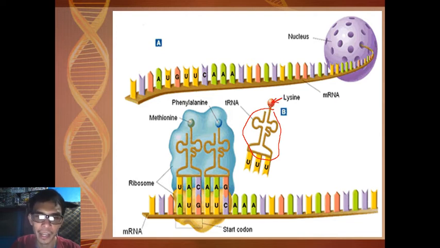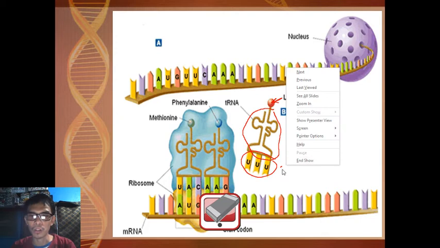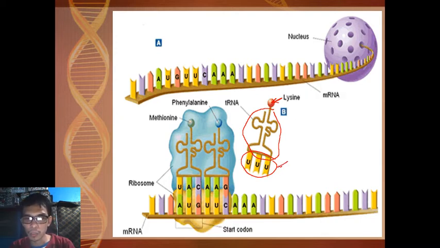The tRNA also carries a codon, and the one that is carried by the tRNA is termed an anticodon. The codons come from the mRNA.